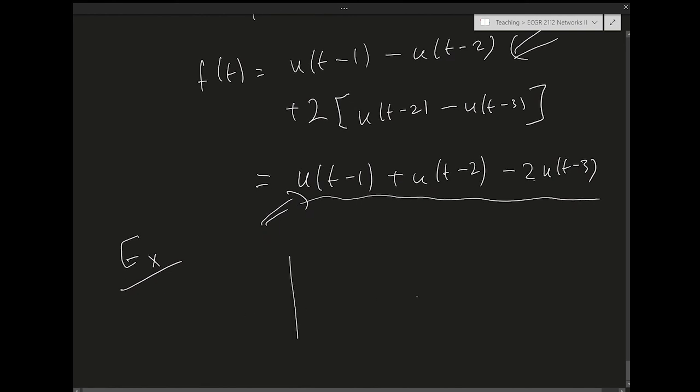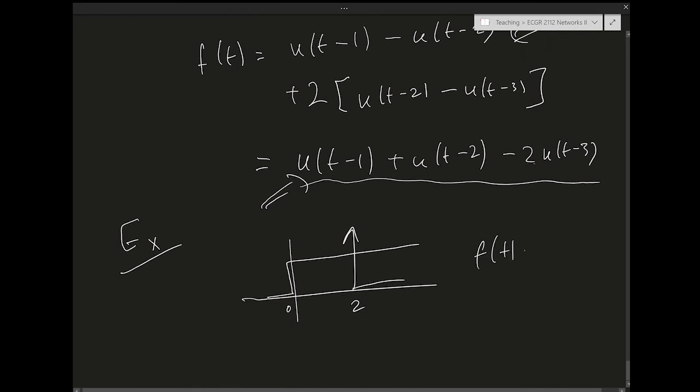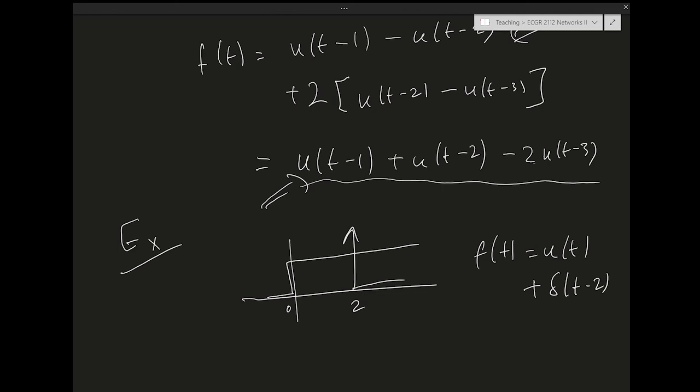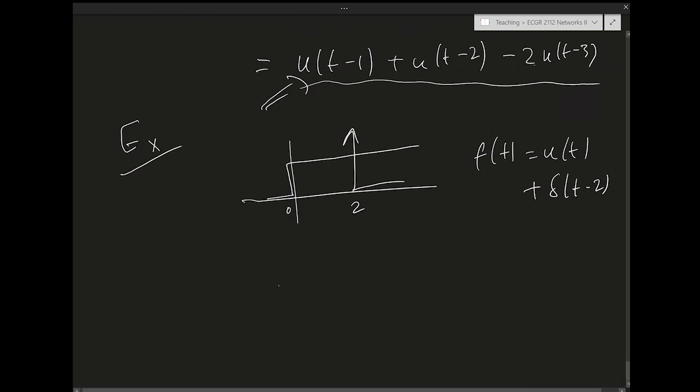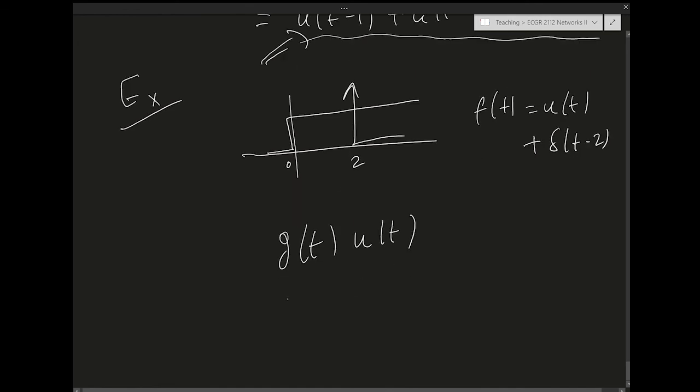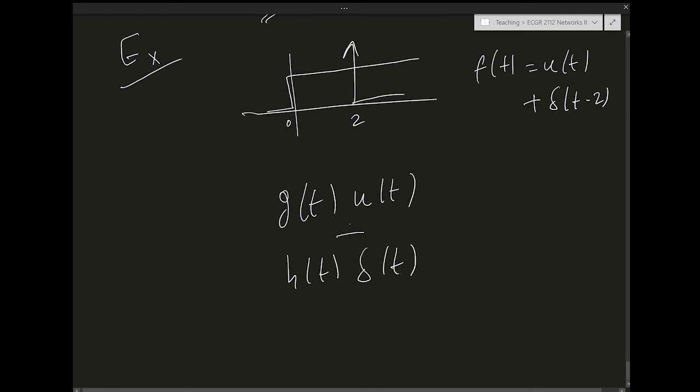So we could have a function that's a step function and a delta function. So this is 0, 1. This f of t is going to be equal to u of t plus delta t minus 2. It's okay to mix and match u of t and delta t. Those are still allowed functions, right? Singular functions. The general functions that we're going to deal with are always going to be a continuous function times either u of t, or a continuous function times delta t, or a mix of the two multiplied by different constants.